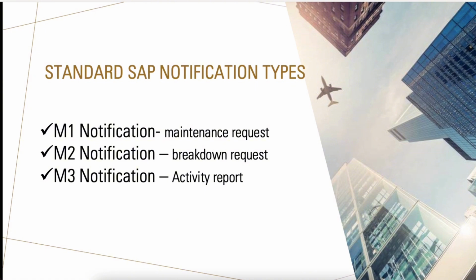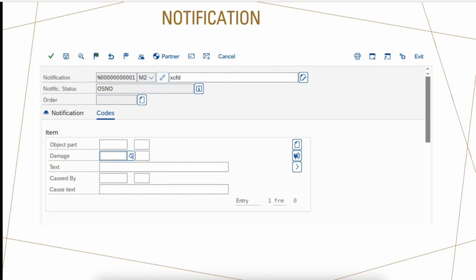So if I have a PM02 and I have an automatic assignment with a notification, it would help me to really understand the issue at hand. Like I said, when we look at the notification fields, you have your codes, and this code would help you to properly explain what that particular issue is.